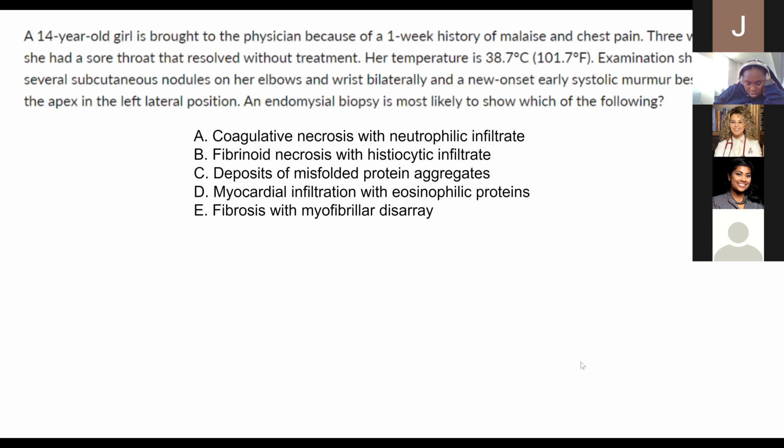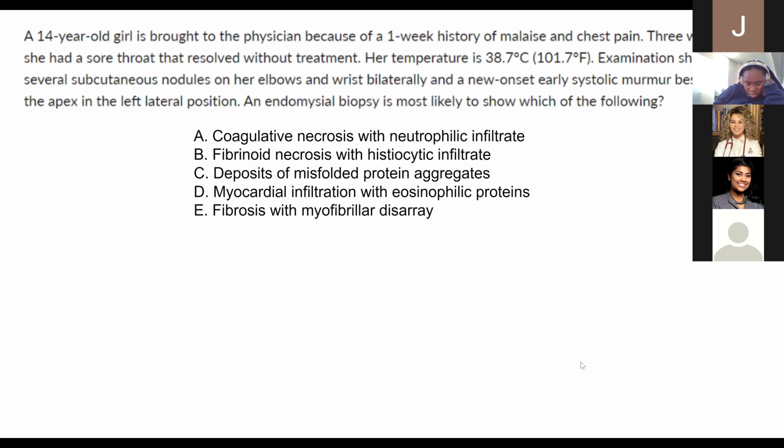Myocardial infiltration with eosinophilic proteins. That's a kind of endocarditis. I think this is Loeffler endocarditis, I have to double check. But that is also a restrictive cardiomyopathy, again not associated with rheumatic fever. So B is an Aschoff body associated with rheumatic fever.